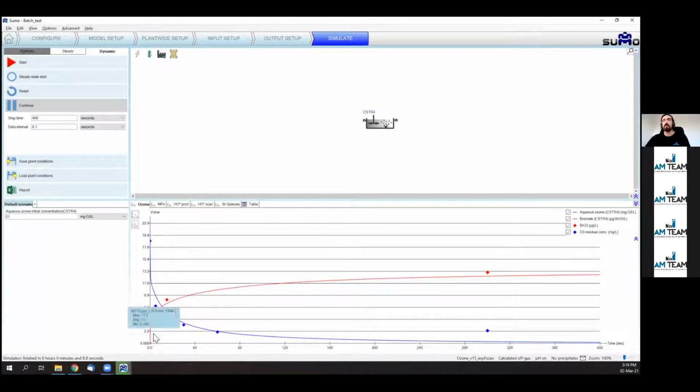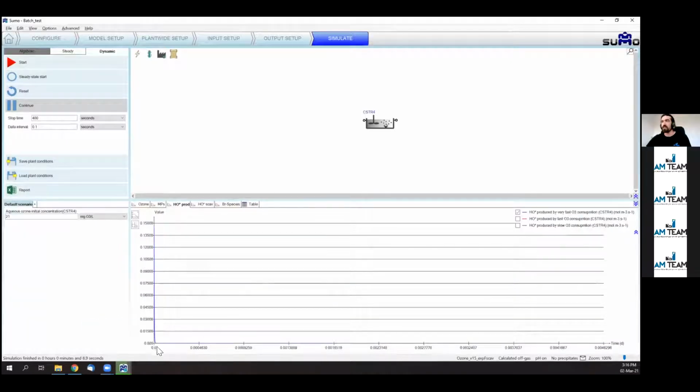At the same time, you have the production of radicals and ozone. At the same time, in high concentration presence, this will give the first very rapid jump in bromate, and then it increases also quite fast in the second part, where the radicals concentration, which we can check here.